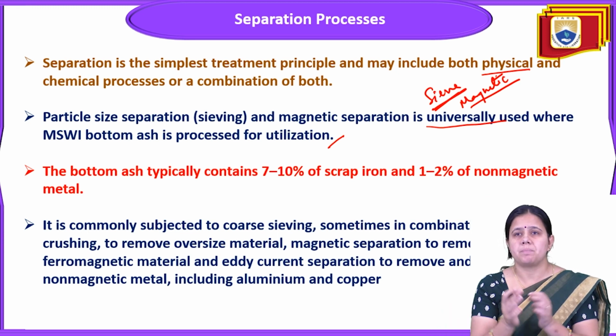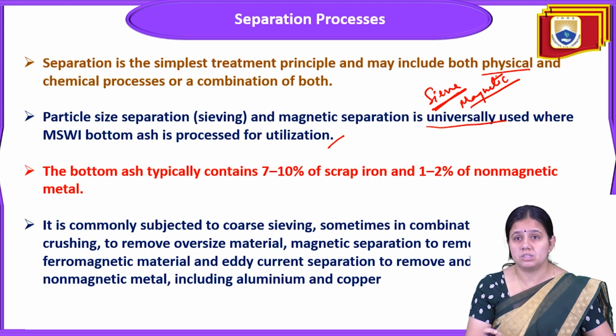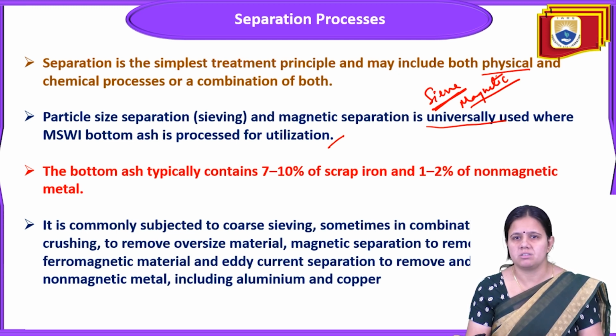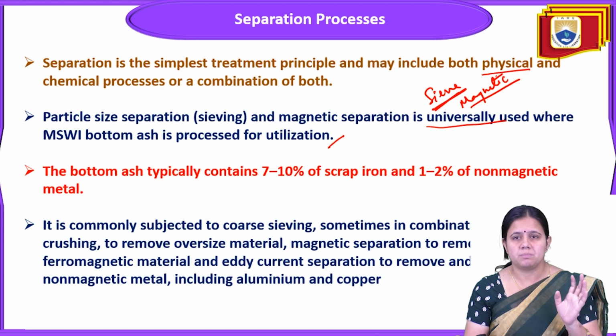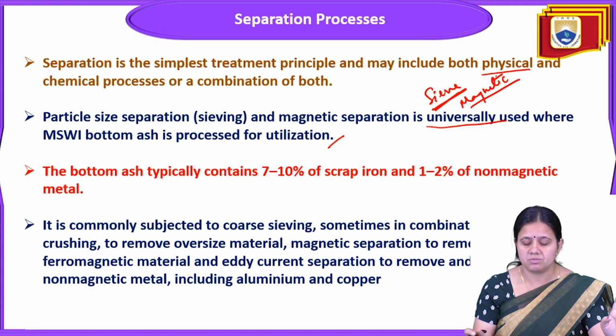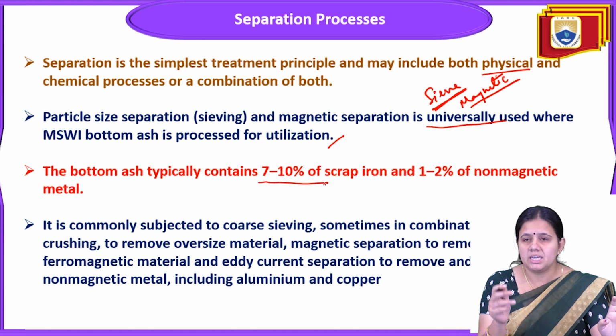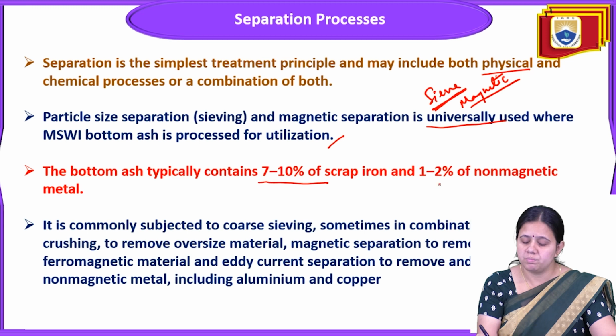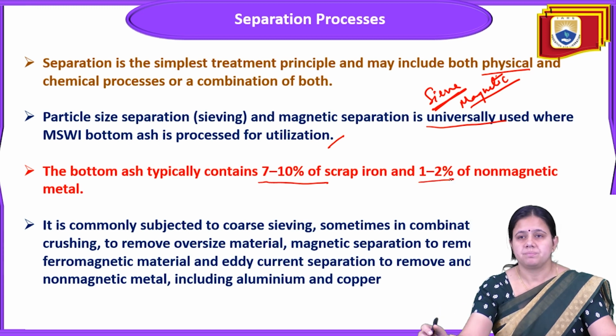In the separation process, first sieving will be there, and then magnetic separation of the waste. The bottom ash typically contains 7 to 10% of scrap iron and 1 to 2% of non-magnetic metal.